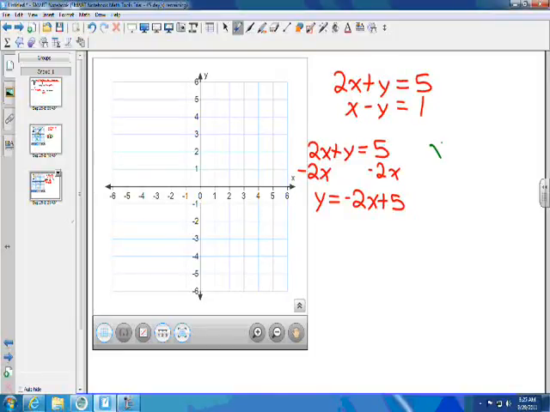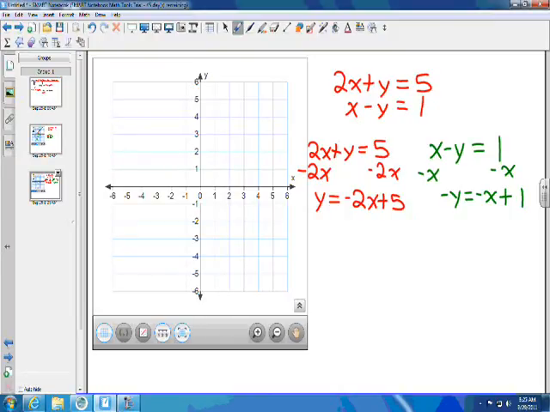So on the other one, x minus y equals 1. Subtract the x. So we have negative y equals what? Negative x plus 1. Now we can't have a negative y. You can divide or multiply by a negative 1. What is that going to do?